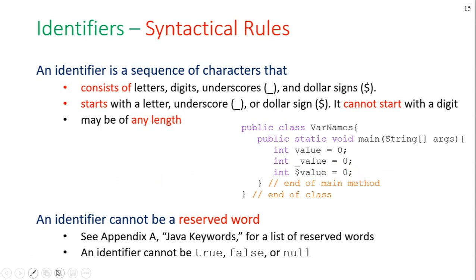Another thing that I mentioned before, and I'm going to reiterate here since we're going over those syntactical rules: when you pick a name for your variable, you have to make sure this is not one of the Java reserved keywords. For example, int. Trying to call your variable int, so you would declare it by writing int equals 0, it's not going to work. Trying to call your variable static or void or class or public, not going to work.